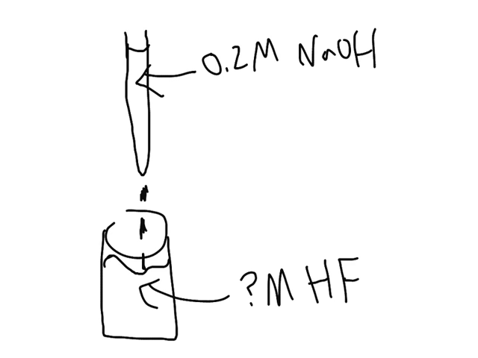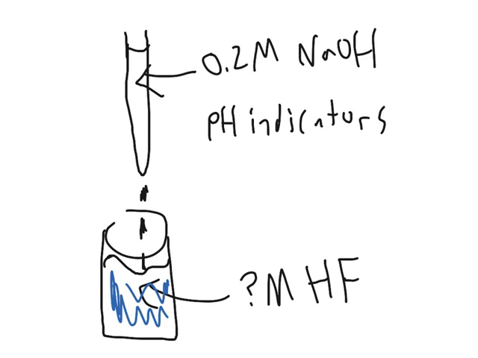And before we start any of this, we're going to use a pH indicator. And what pH indicators do is that they change color when a certain pH is reached. Okay? So when the sodium hydroxide neutralizes all the hydrofluoric acid, the solution in the beaker is going to change color because of the pH indicator.